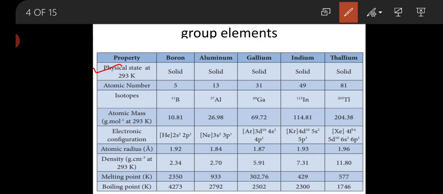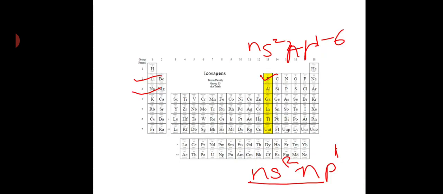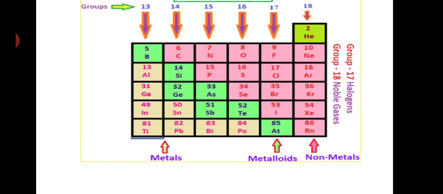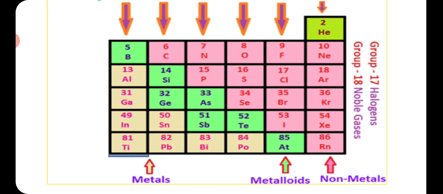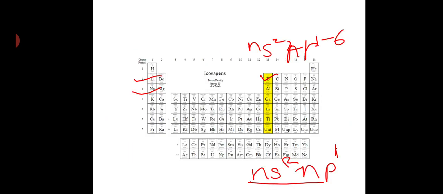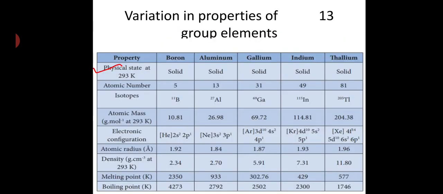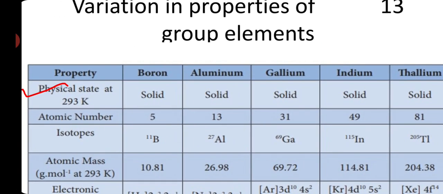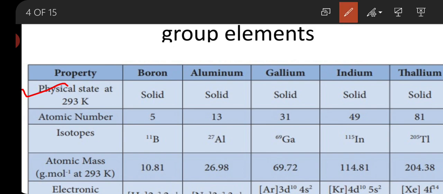Previously we explained that all group 13 elements are classified as metals, and metals are solid in state. So boron, aluminum, gallium, indium and thallium are all in the solid state.